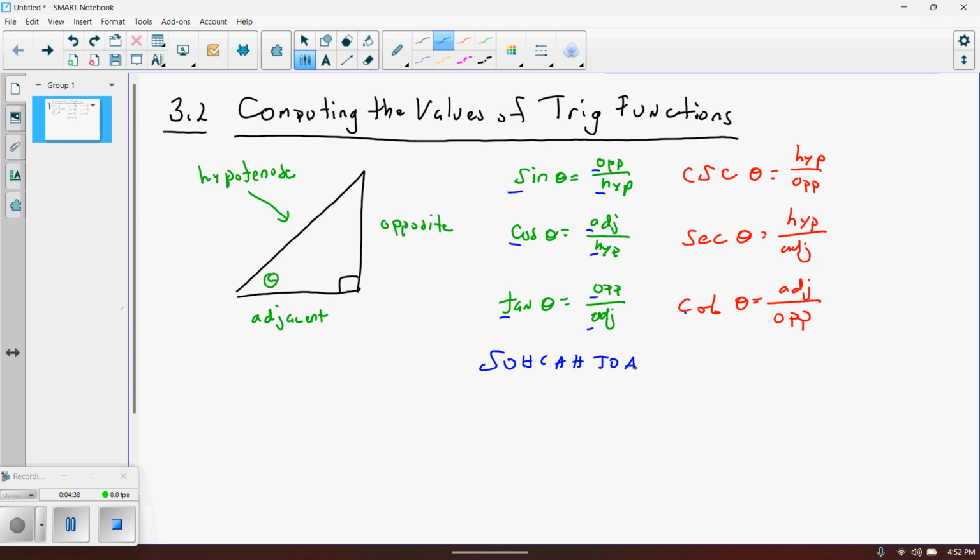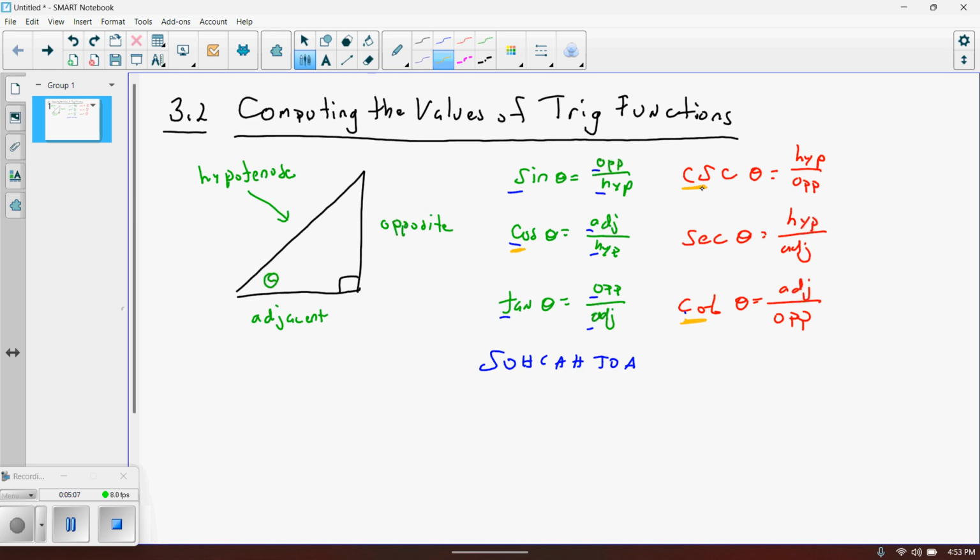There are all kinds of different ways to memorize which ones go with which ones. The one thing that I always like to think about, and this helps, again, for future classes, calculus and so on, is that every function that you see here has a co-function. For example, you have cosine, cotangent, and cosecant.